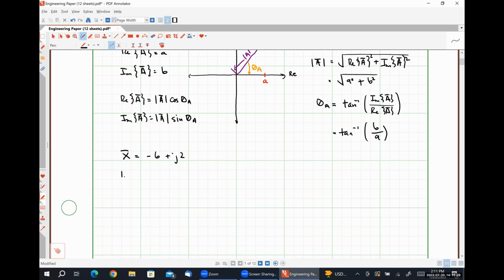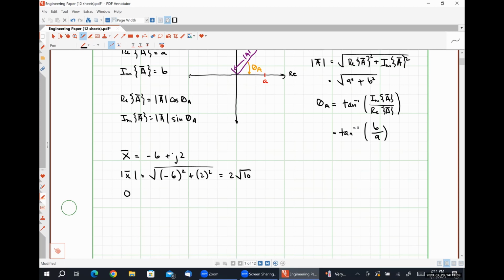So the magnitude of X is just going to be the square root of -6 squared plus 2 squared. So let's see, 36 plus 4 is 40. So that's going to be 4 times 10. So 2 square root of 10 in magnitude, if my mental math is correct there.